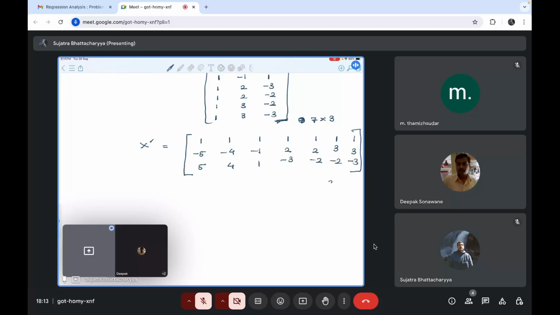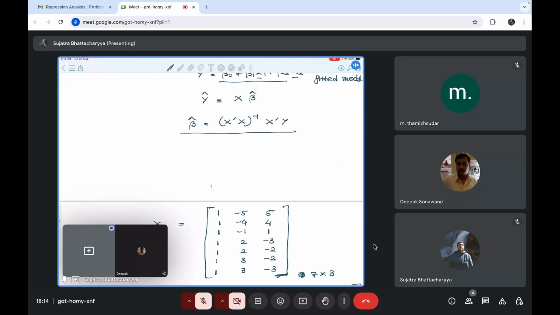This is your 3 by 7 matrix, which is the transpose of X. This is the first thing which we have written down from the data set only.